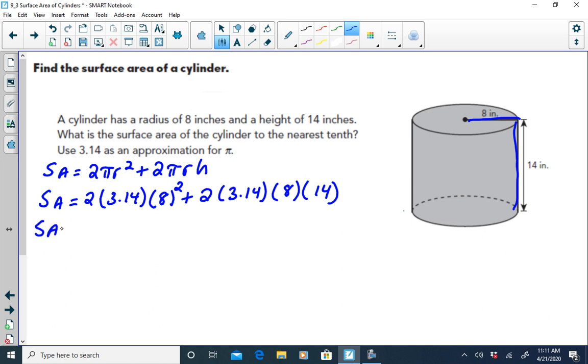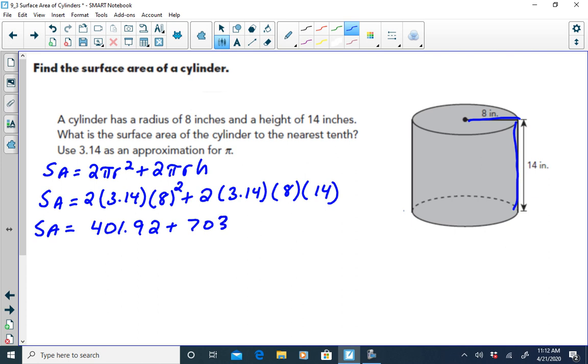Right? Use your calculator. Remember to use your order of operations first, so you have to do the 8 squared first, which is 64. 8 times 8 times 3.14 times 2. That should be 401.92 plus 2 times 3.14 times 8 times 14.